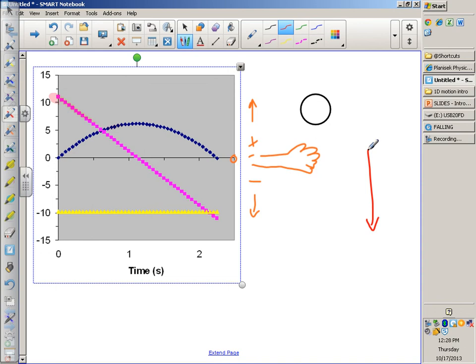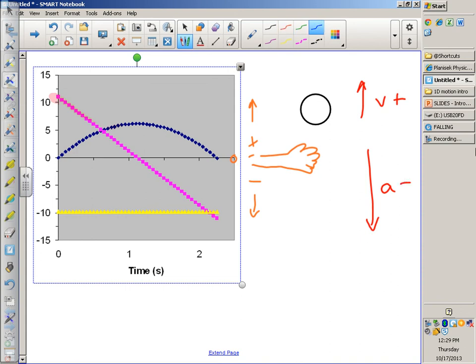No. Gravity's always pulling on it downward. When the ball is going up and gravity pulls down, what happens to that object? We have a positive velocity, but a negative acceleration.